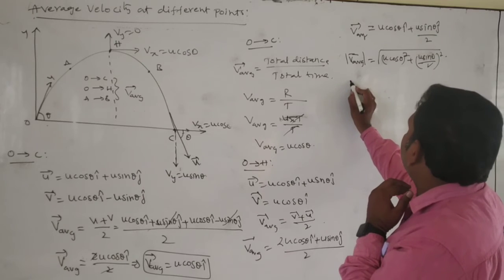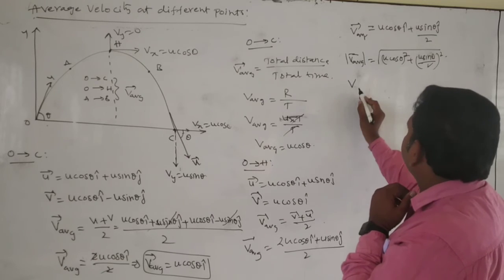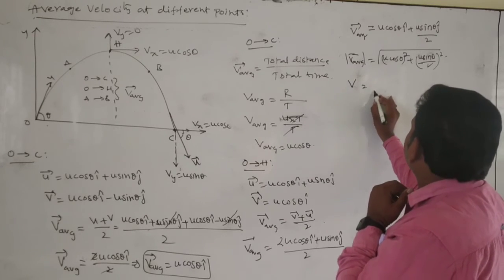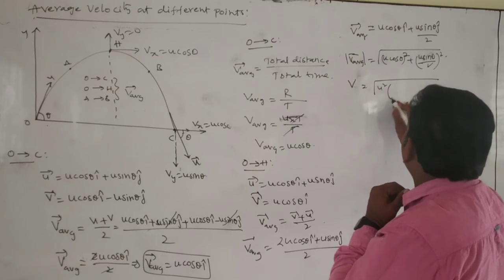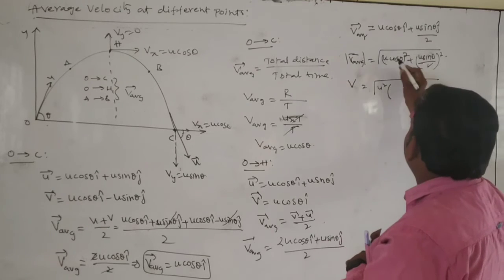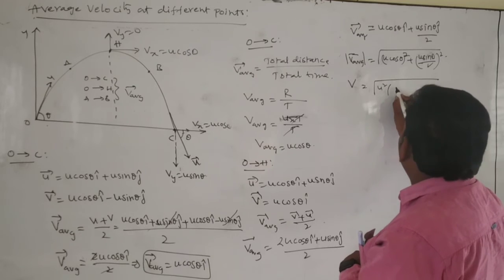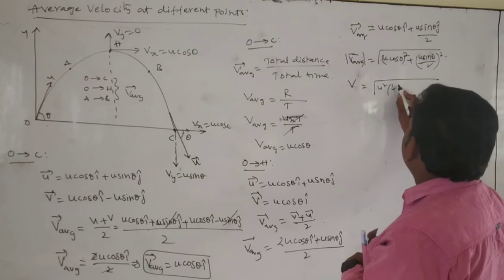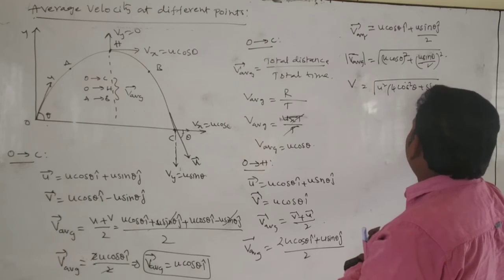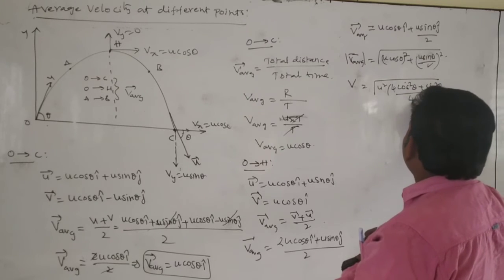So you get the answer. You take common u square and you take the LCM: 4 cos square theta plus sin square theta by 4.